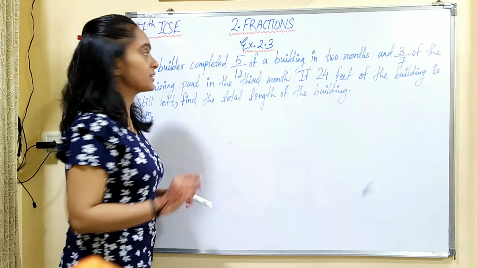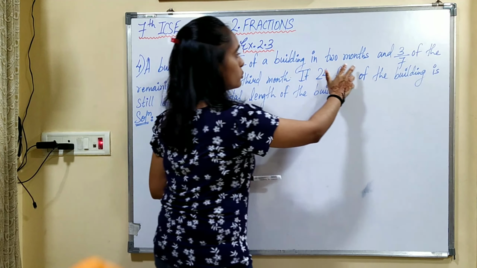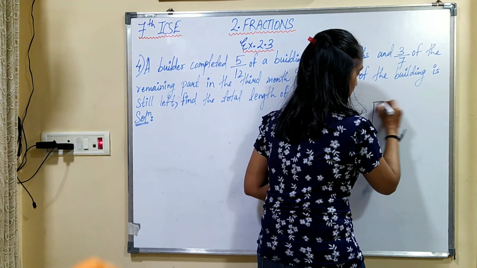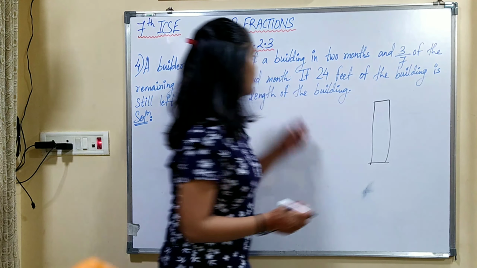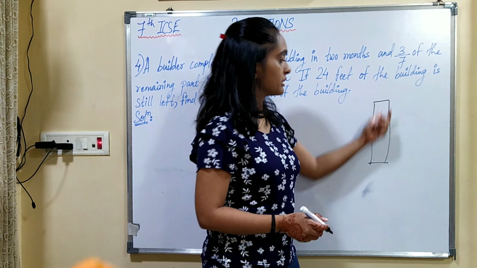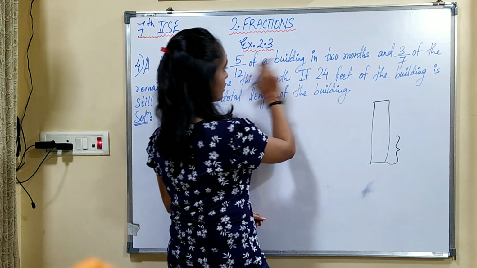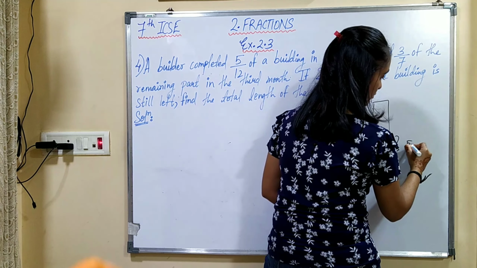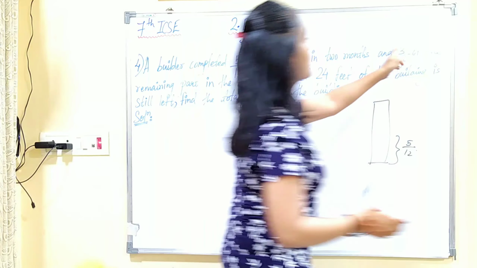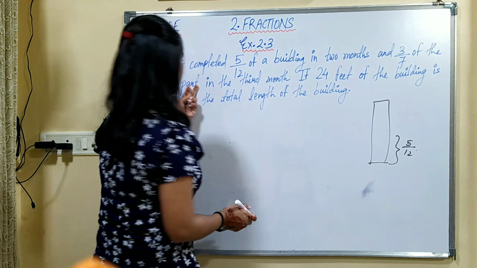The next question says, a builder completed 5 upon 12 of a building in 2 months. So whatever the length of the building was, if this was the building, and if we divide this by 12 parts, so he completed 5 out of 12 in the first 2 months. That is 5 of the 12 parts were completed in the first 2 months and 3 upon 7 of the remaining part in the third month.